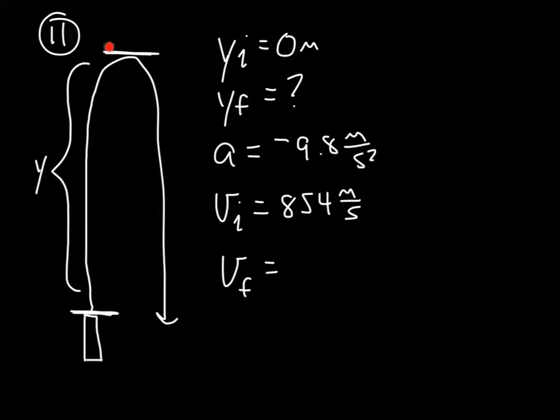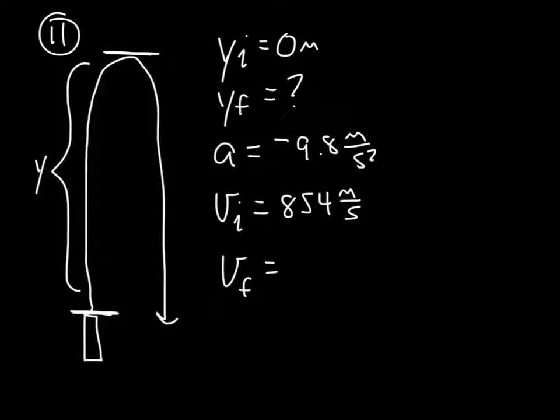What is our final velocity right here? So right here it's going 854, and by the time it reaches here, how fast is it going? This final velocity right here is 0 meters per second. I want to know how high it goes. And what does it do when it gets to its highest point? It stops.